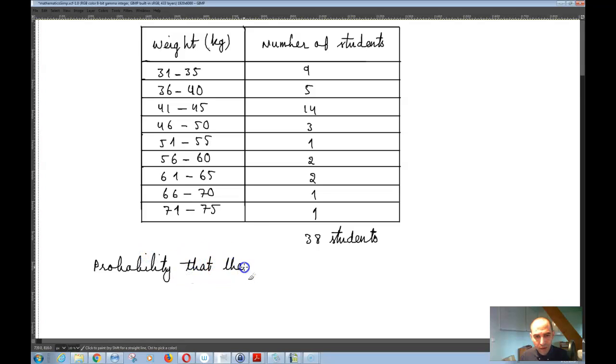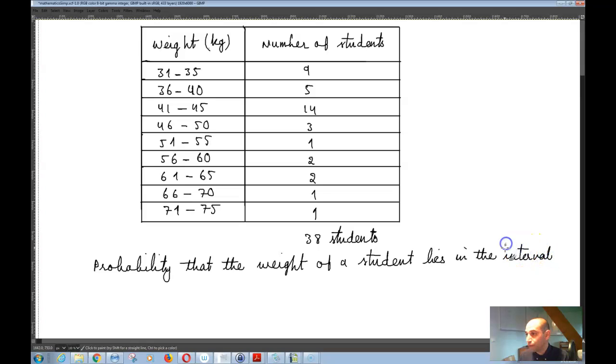You want to find the probability that the weight of a student lies in the interval 46 to 50 kilograms.